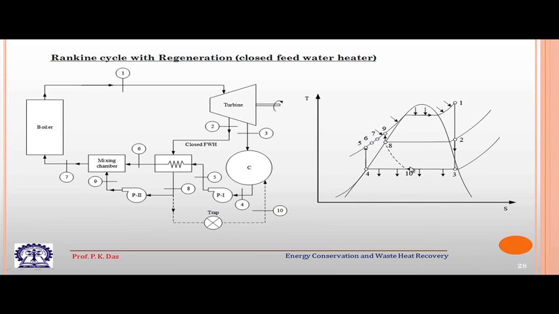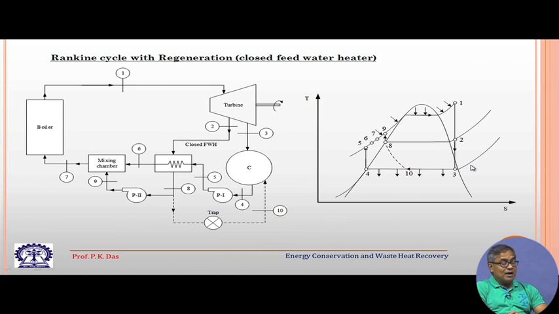In the condenser, high temperature water is going to a low pressure condition, and for that there will be flashing or generation of steam. Part of the liquid will get converted into steam, and that will go to the condenser.